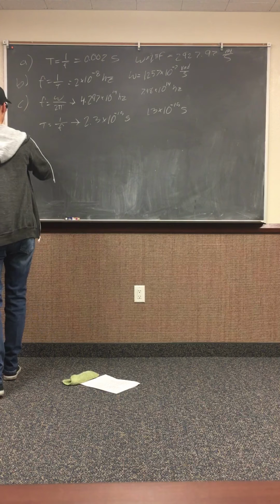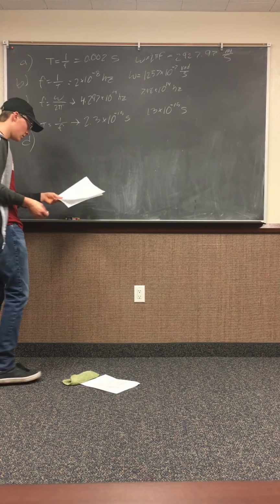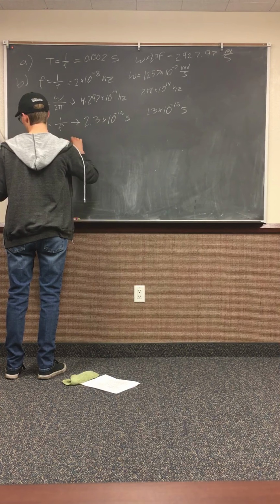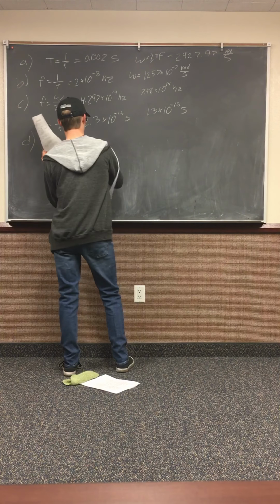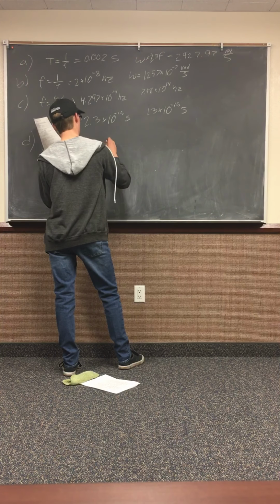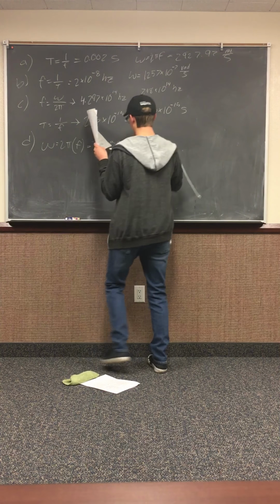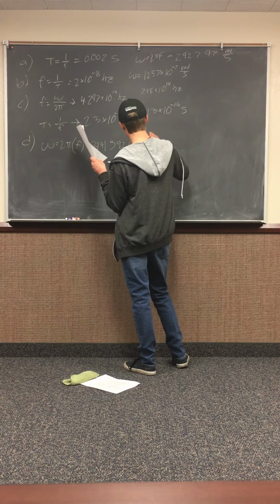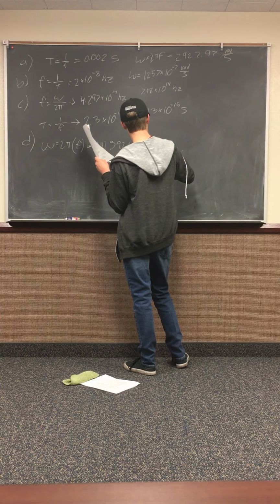And then for part D, that's going to be 5 megahertz equals 5 times 10 to the 6 hertz. So then our angular frequency equals 2 pi times f, equals 3.14 times 10 to the 7 radians per second.